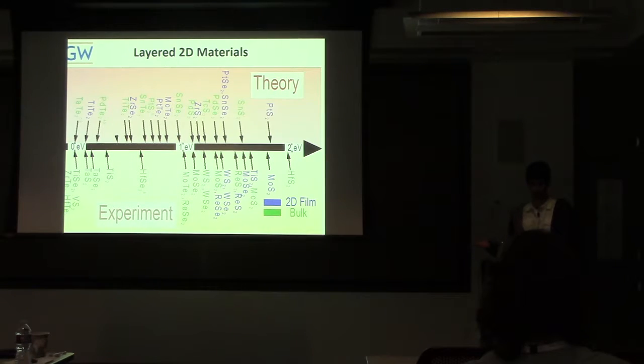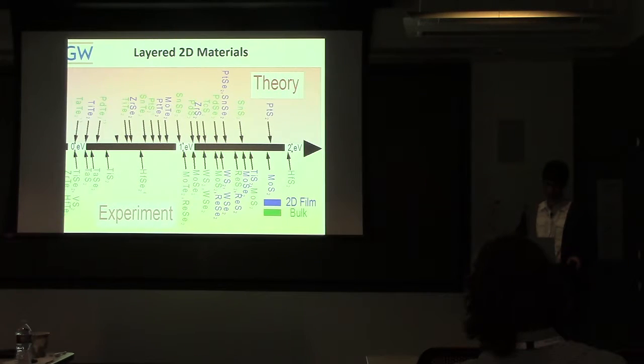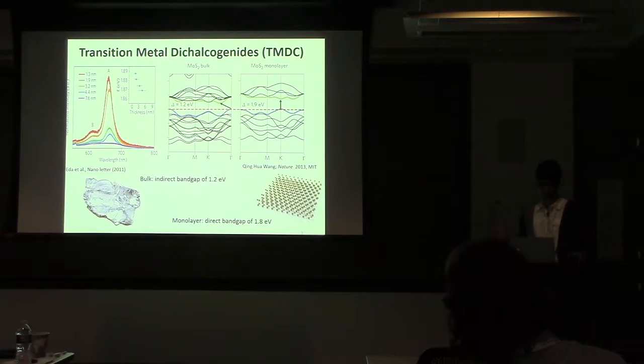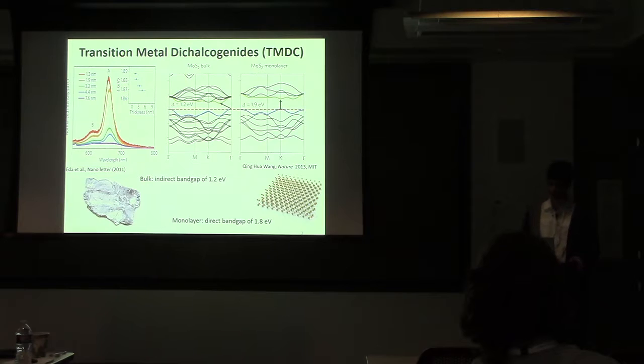This slide specifically shows that we have a really wide spectrum range for these materials, but not all of them are stable, and not all of them are really easy to grow. One of the most favorite of these materials is molybdenum sulfide.